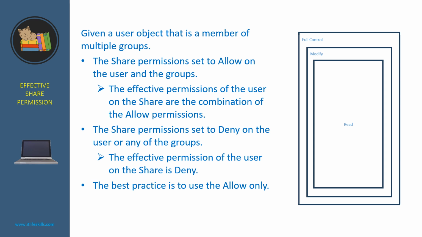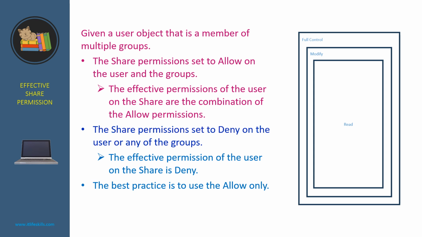Let's figure out the effective share permissions. Given a user object that is a member of multiple groups, and we set the share permissions to allowed on the user and the groups, the effective permissions of the user on the share are the combination of the allow permissions.